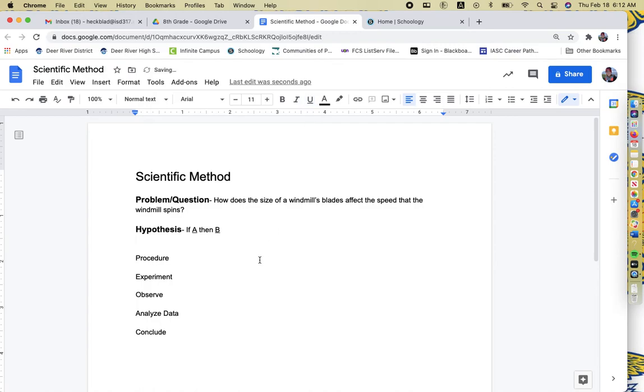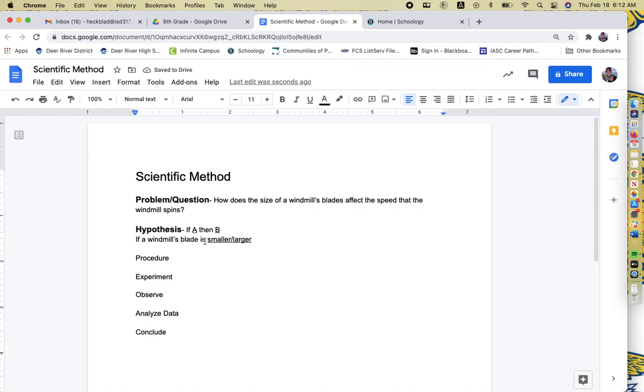So what you are going to do then is write your own hypothesis for this question. And how it should be formatted is: if a windmill's blade is, and here's where you get to decide, either smaller or larger.